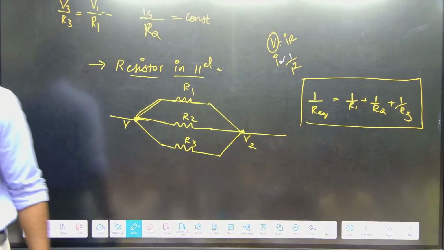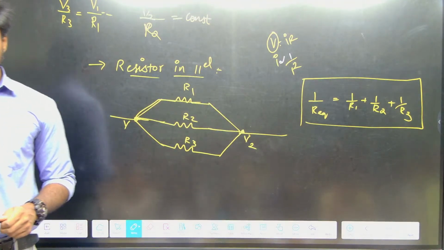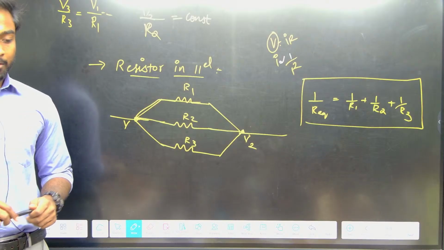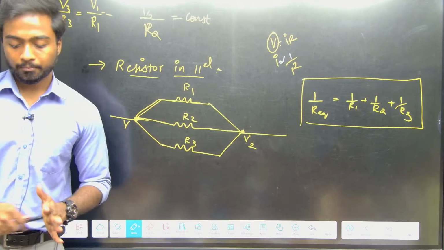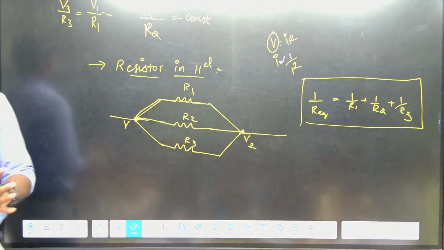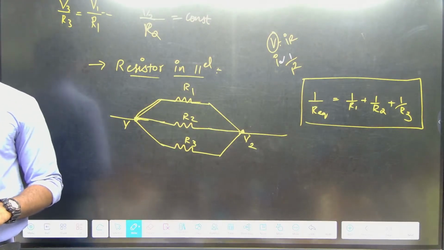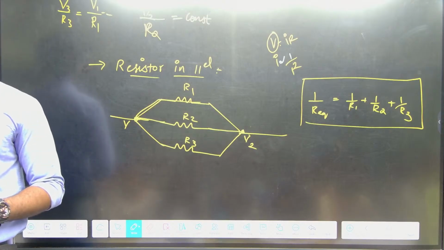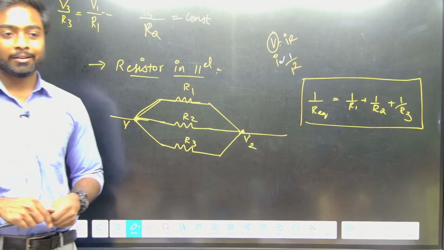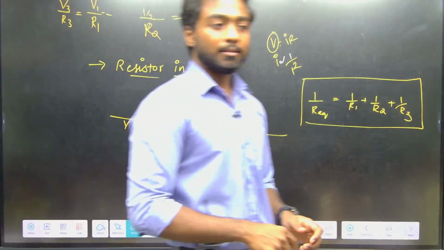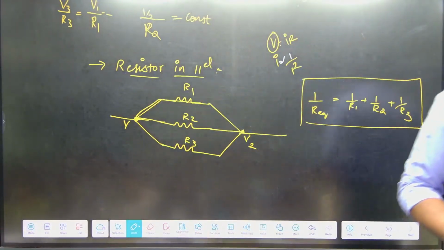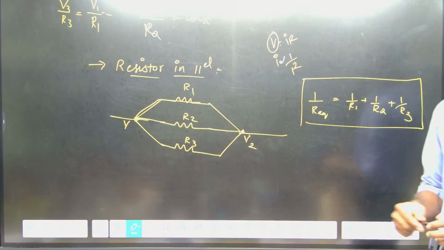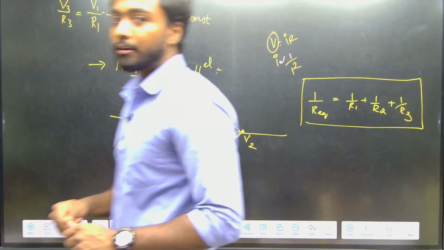Write on the third point. The sum of each current in each resistor is equal to the total current.